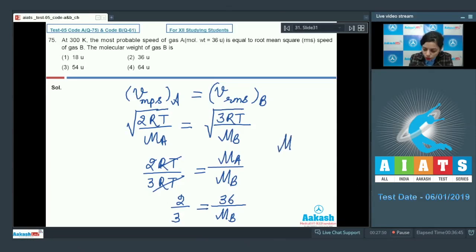So what would be the value of MB? MB would be equal to 36 by 2 into 3. So it would be 54 U. And this is given in option 3. That's why I'll choose this as the correct answer.